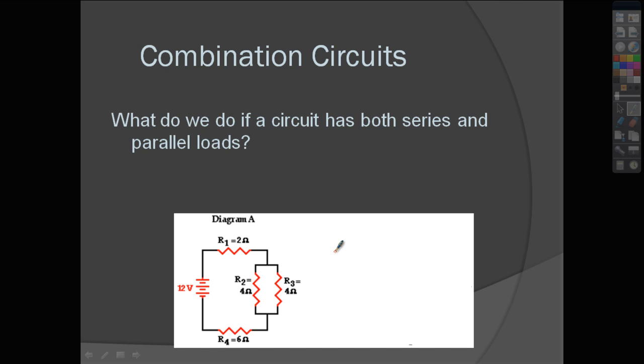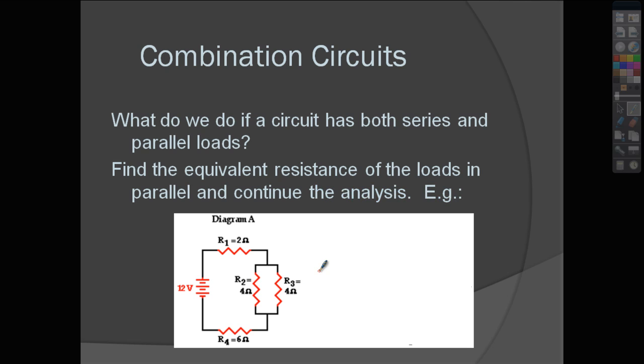So what happens if we have a circuit that has both series and parallel components? Well, the first thing you want to do is get rid of the parallel ones. So you want to find the equivalent resistance for this little parallel set right here. So 1 over 4 plus 1 over 4 gives us 2 over 4.